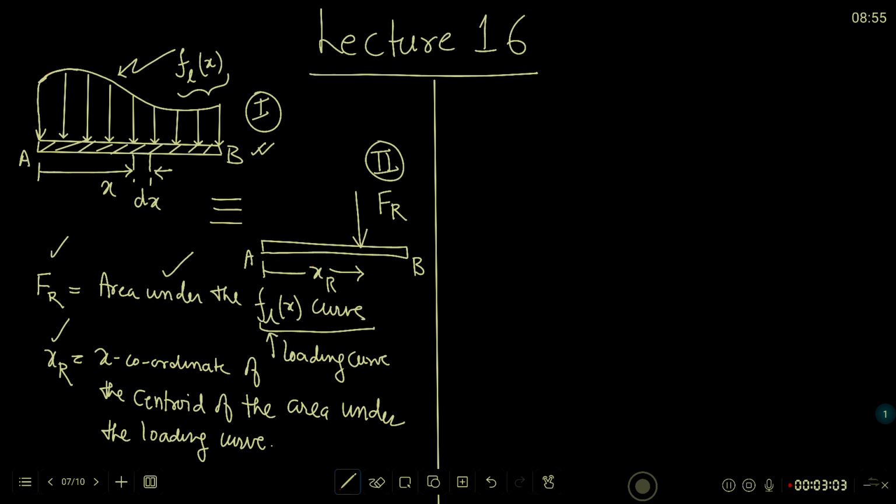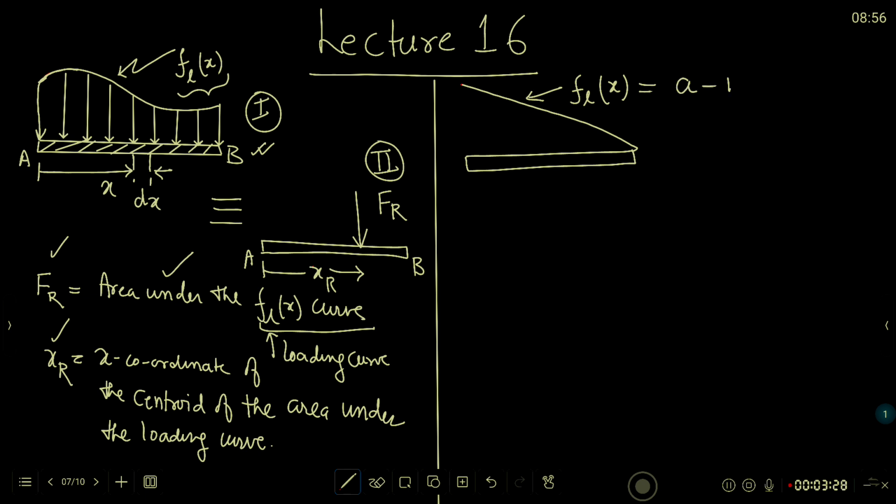What are those line distributed forces? Suppose I have a line distributed force which is having its FL curve as the side of a triangle like this.